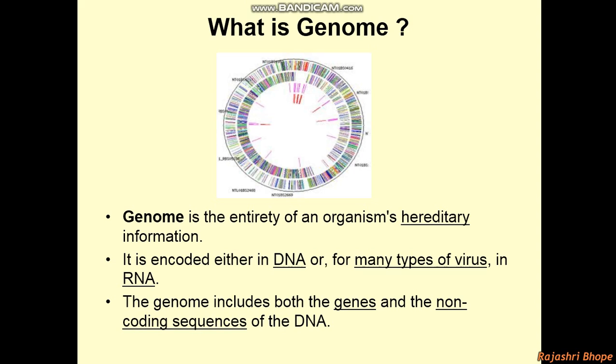The genome includes both the genes and the non-coding sequences of the DNA. The coding sequences, that is genes or exons, code for a functional unit, and the non-coding sequences code for nothing. That is known as junk DNA, which codes for nothing. They are known as introns.